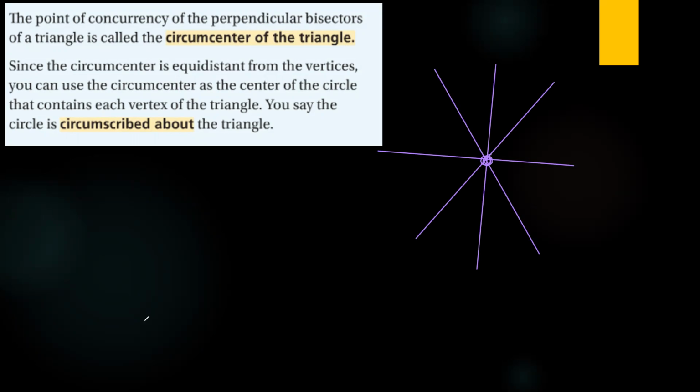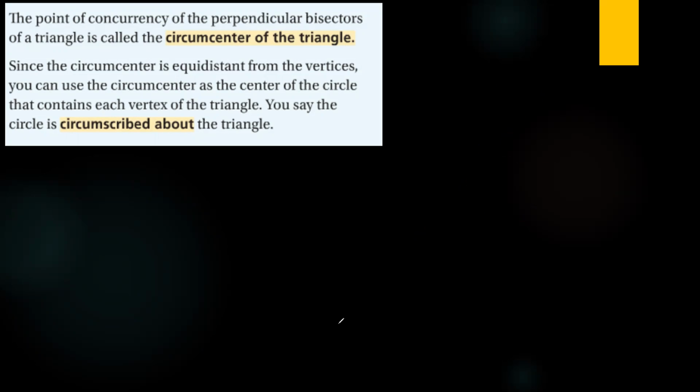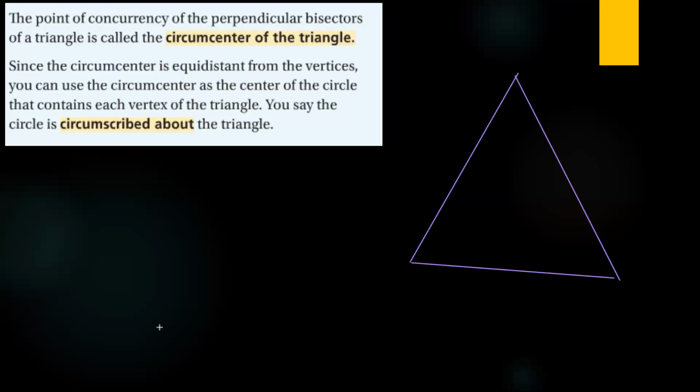If I'm talking about a triangle, let's start with the first one, which is the perpendicular bisector.